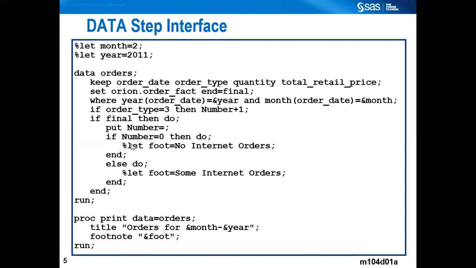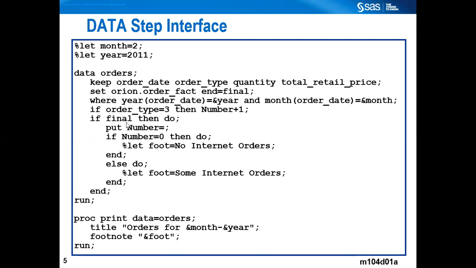Then do, create a macro variable foot telling no internet orders, and else do, create a macro variable foot, some internet orders. When this is false, that number is not 0, that means internet order is there. Correct? And Ashwini, can you explain from if final then do from there?